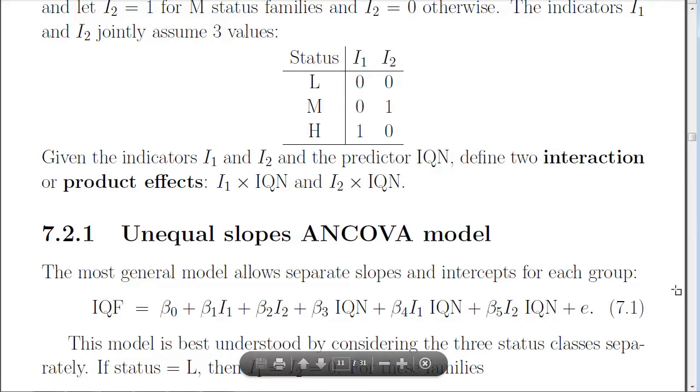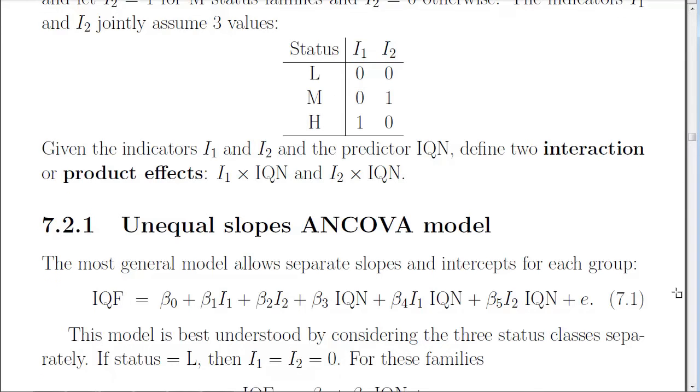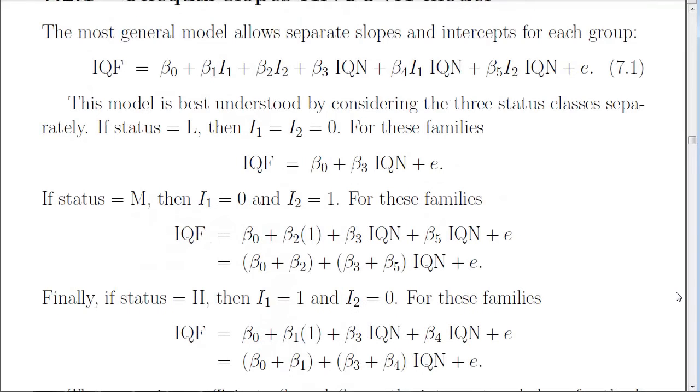And what ends up happening when you start solving these equations using I1 and I2 for each of the separate classes. So say we've got social status L, then that means both I1 and I2 equal 0. So when you plug that into this equation up here, I1 and I2 both equal 0, so they go away.